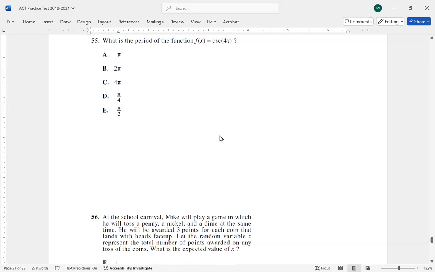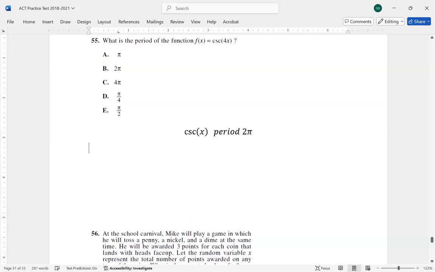But basically, cosecant normally, when our argument is x, has period of 2 pi. So does sine, so does cosine, so does secant. Tangent actually has period of pi.